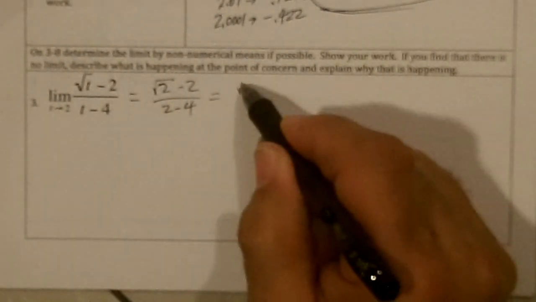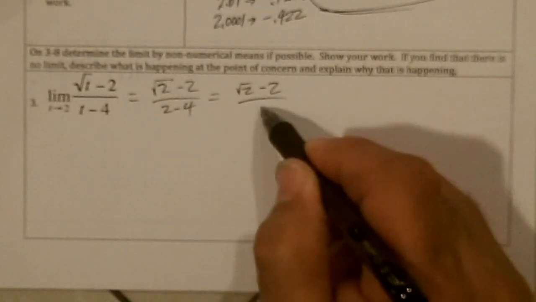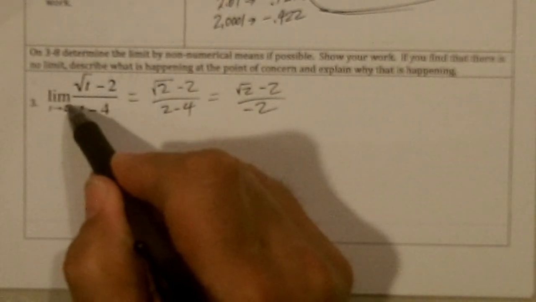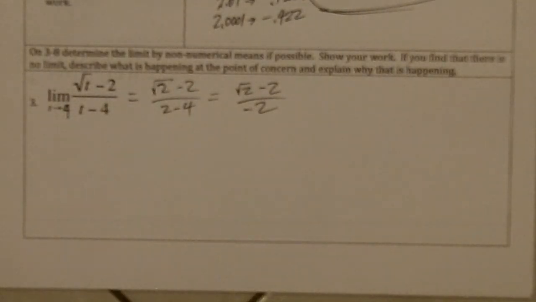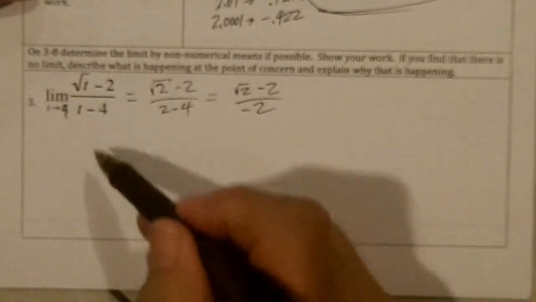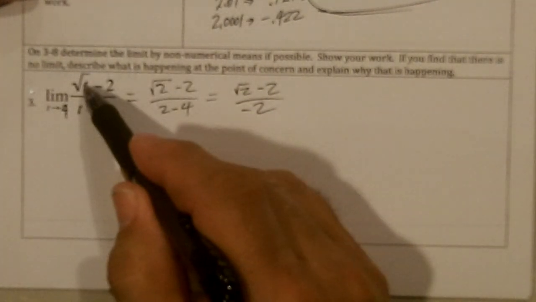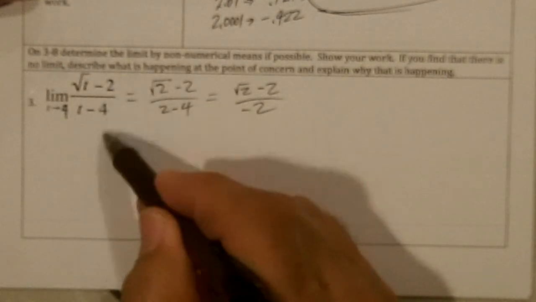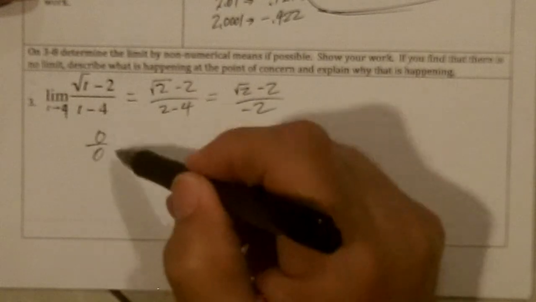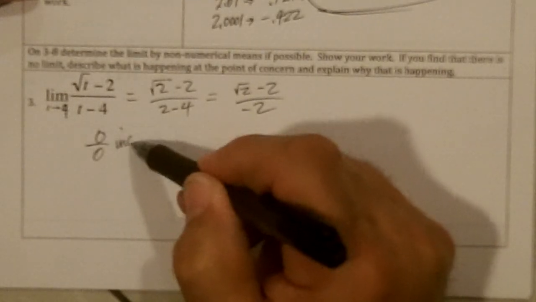That would be square root of 2 minus 2 over negative 2. What I wanted to do the limit of is as t approached 4. So now let's see what that would look like. If I put 4 in, the numerator would be the square root of 4, 2 minus 2, which is 0. And the denominator would be 0. So it would be indeterminate.